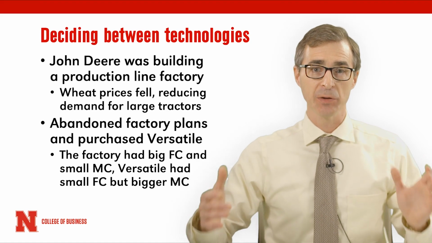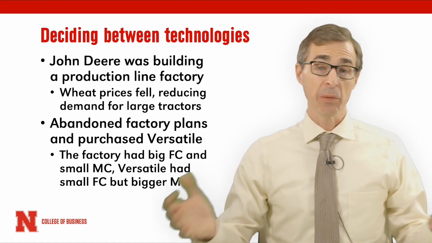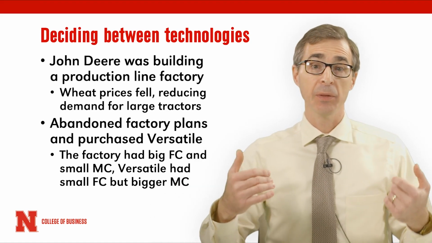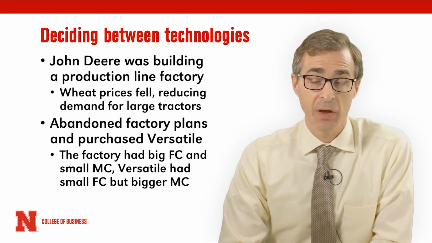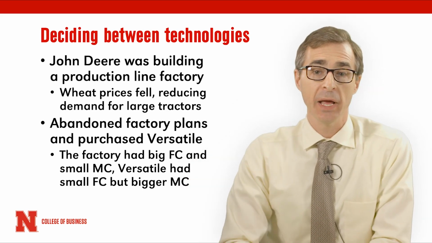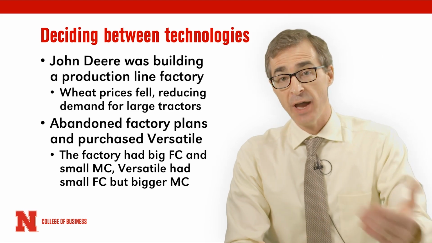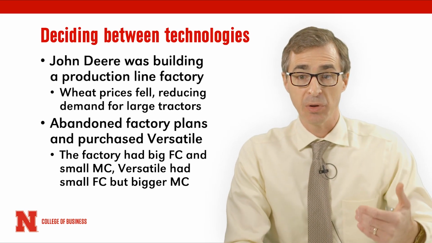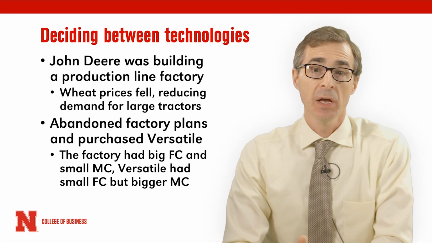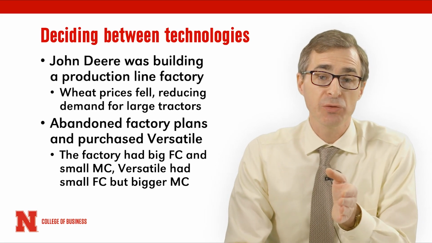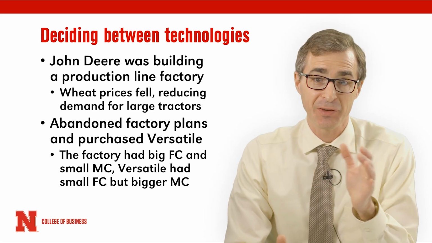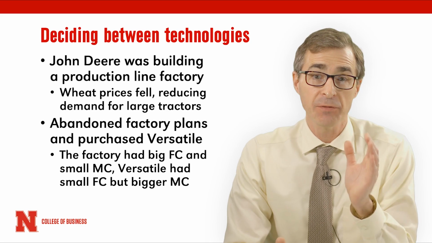Many farms failed, many farmers went bankrupt, wheat prices fell dramatically, and the demand for large tractors plummeted. John Deere at that time decided to abandon the new factory that they were beginning to build and instead purchased Versatile, which was a company that assembled tractors in essentially a large garage using off-the-shelf products.